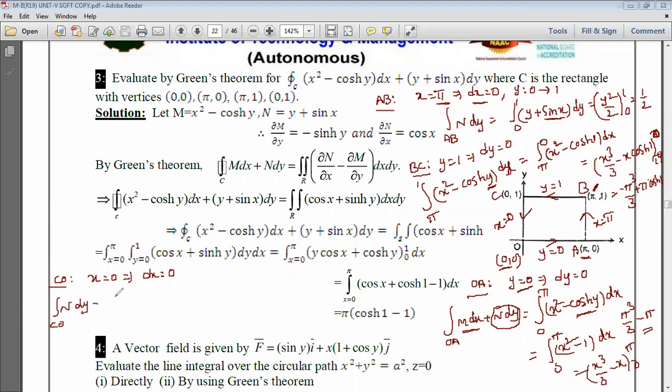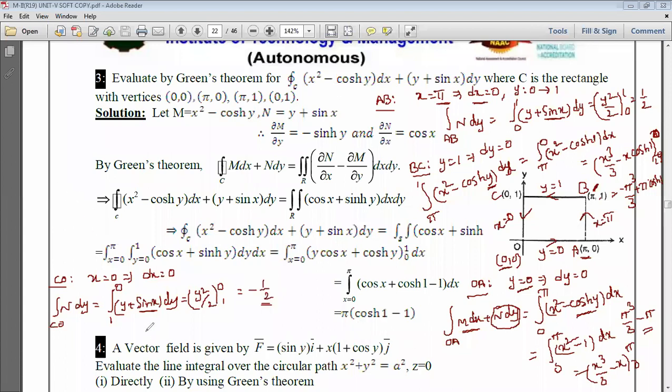So this is equal to integral, here the limits are from 1 to 0, N is nothing but y plus sin x dy. So x is 0 and sin 0 is 0, remaining y integration, y square by 2 between the limits 1 to 0. If you substitute upper limit, 0 by 2 is 0 minus 1 by 2. This is the line CO.